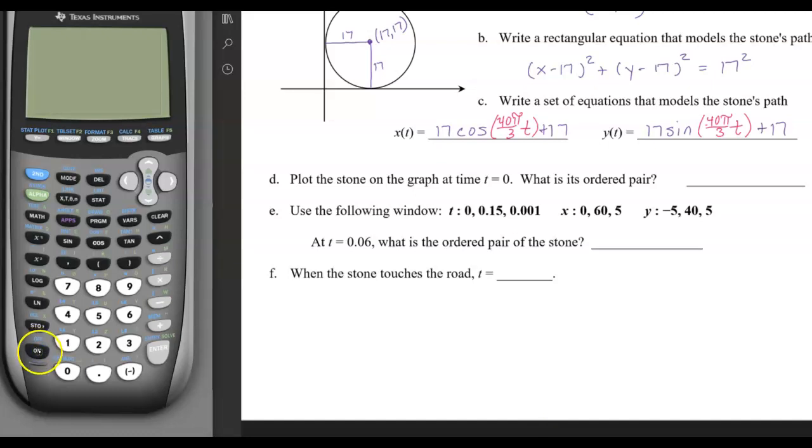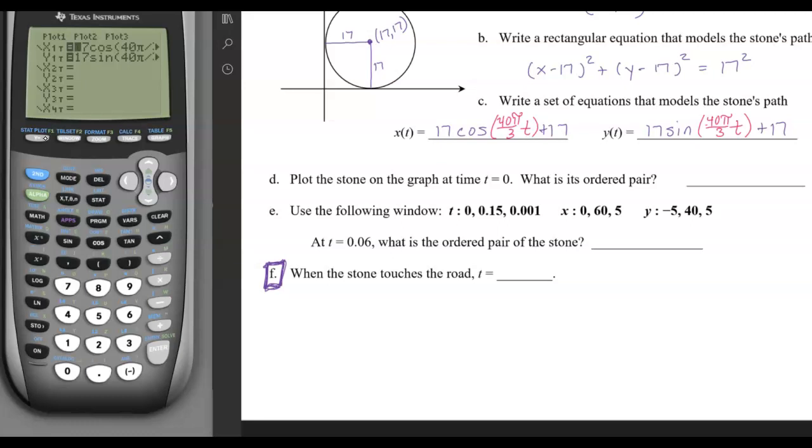I was going to show you how to do this in Desmos. However, it's impossible to find this part F answer using Desmos. So if you don't have access to a graphing calculator, I highly recommend that you download an emulator onto your school laptops.